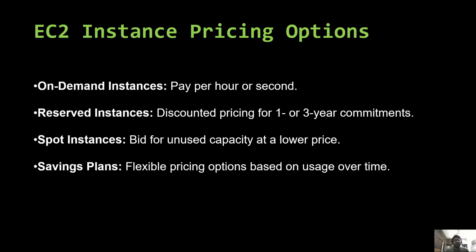This is about the pricing options for EC2 instance. So as we saw, we can have the on-demand instances wherein we can pay per hour or pay per second. So for example, if there is any operation you need to run, or there is any report you need to run. For example, if we take the banking industry, normally what banks do is, after their working hours they do the financial calculations, they run the report after banking hours, the daily transactions and all that.